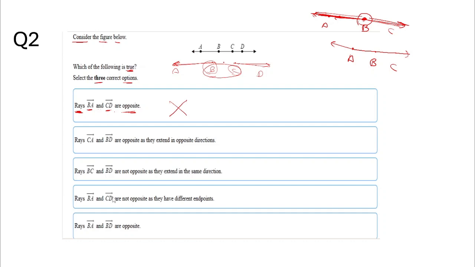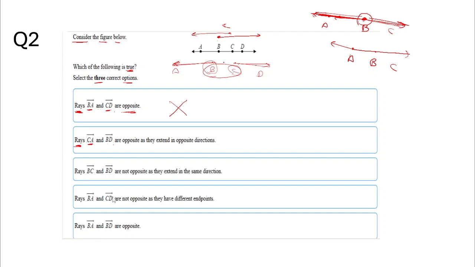Okay. Now rays CA and BD. The C is the endpoint of CA, and the endpoint here for BD is B. Are they opposite?